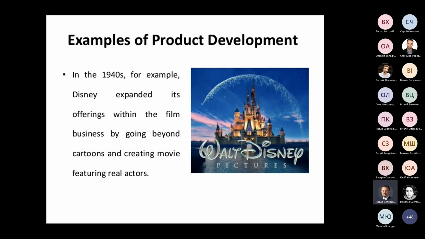Product development strategy can also be shown with the example of the Disney company. First of all, they produced cartoons, and then they began to produce movies for children. So it is a connected new product, but for the same customers. Now, please don't say to me, okay, Pavlo, the Walt Disney company is a diversified company.